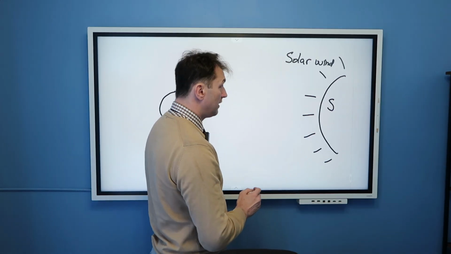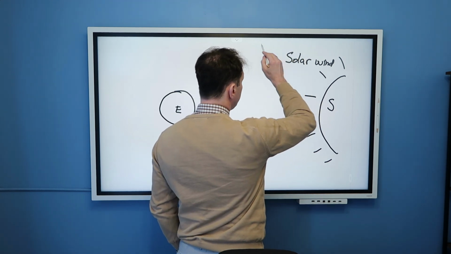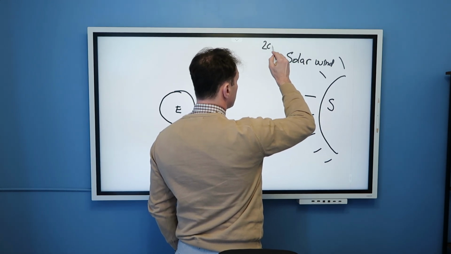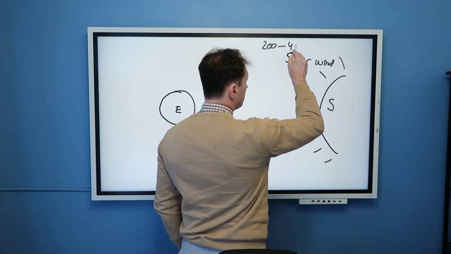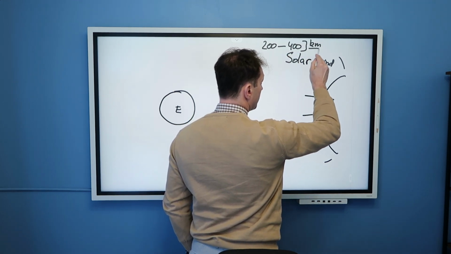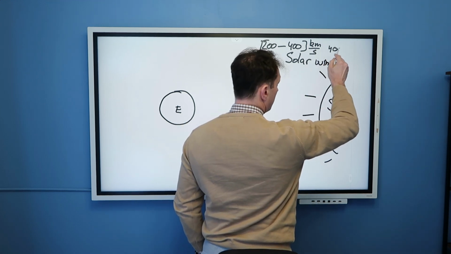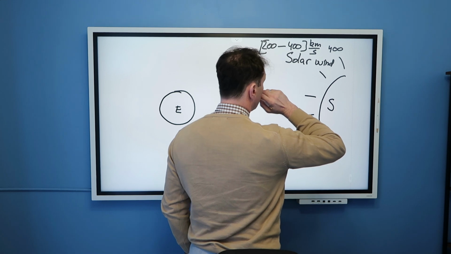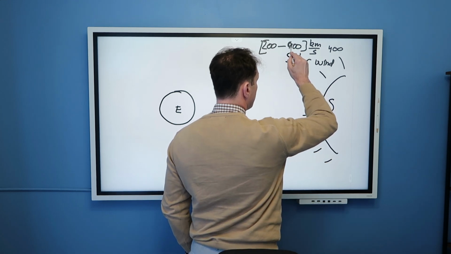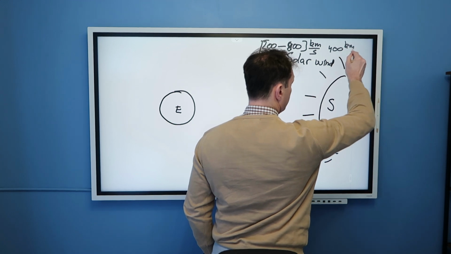Solar wind, which are charged particles, has velocities between approximately 200 and 800 kilometers per second, with the average being around 400 kilometers per second.